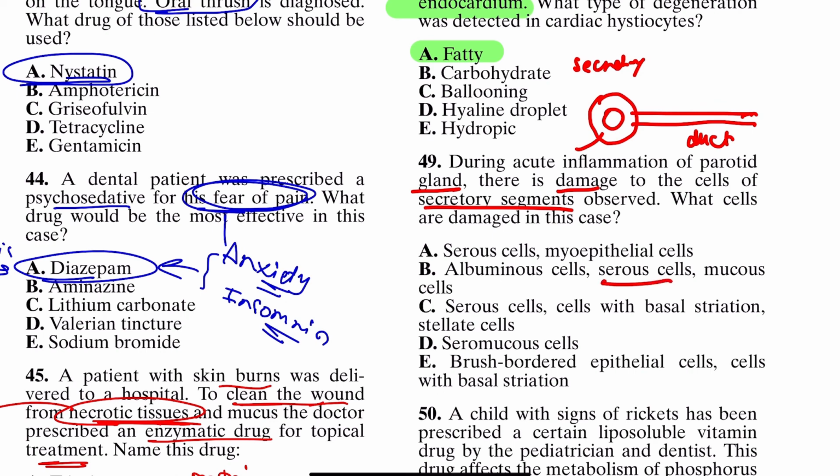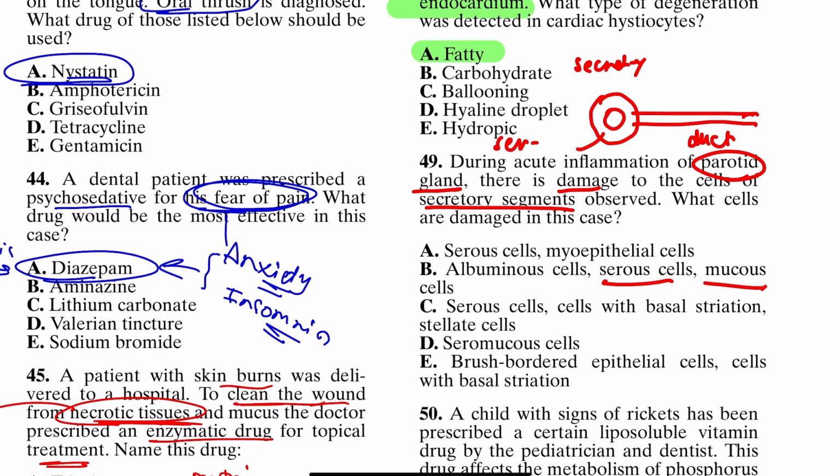Maybe these cells are serous cells, maybe they are mucous cells, but the parotid gland has serous cells because they secrete more serous secretion, more watery, while submandibular and sublingual produce more mucus. And plus the serous cells, the parotid gland has myoepithelial cells. These are cells that have muscle and contract to push these secretions to the duct. So serous cells, myoepithelial cells, the parotid gland.